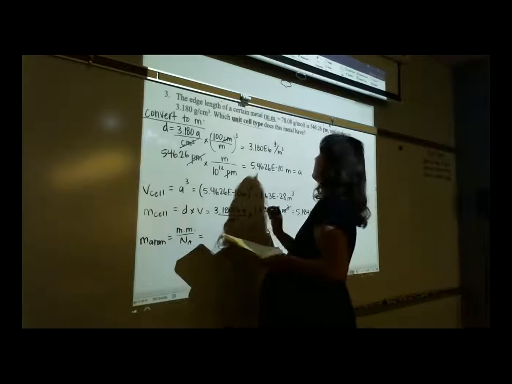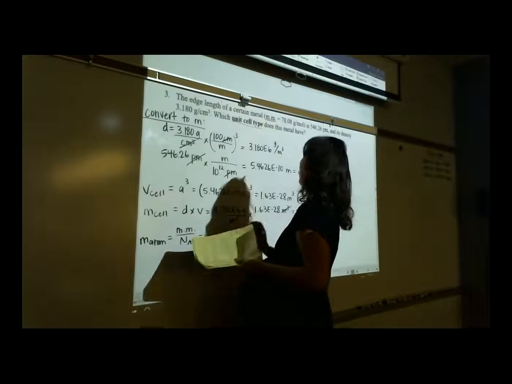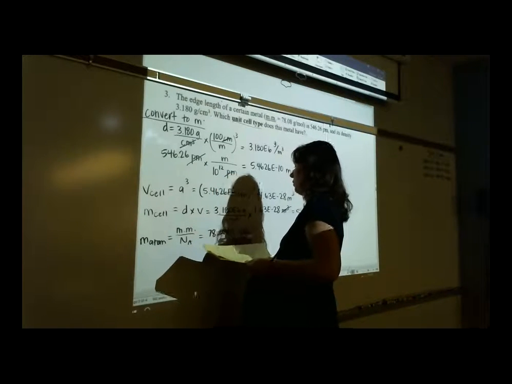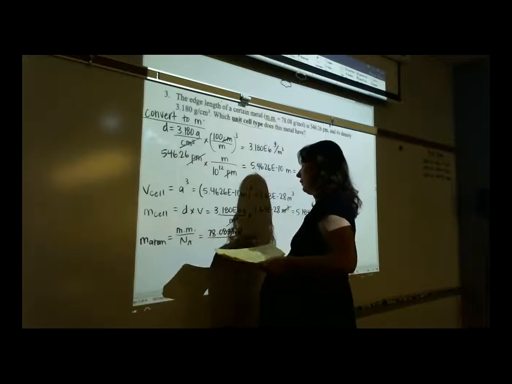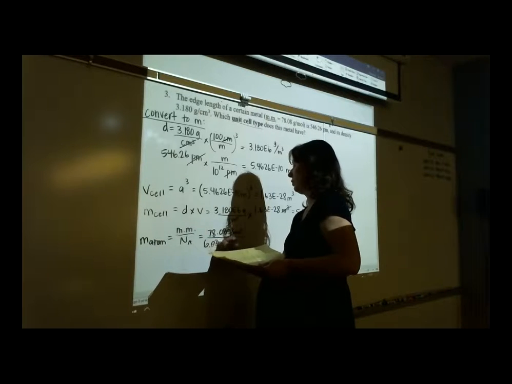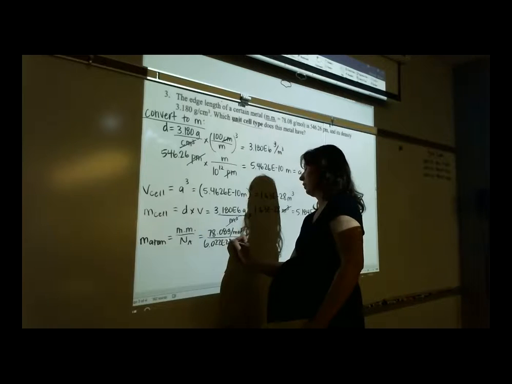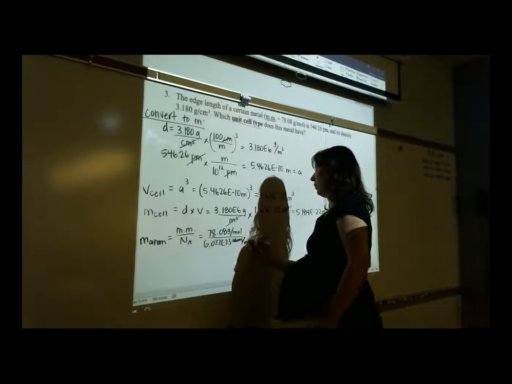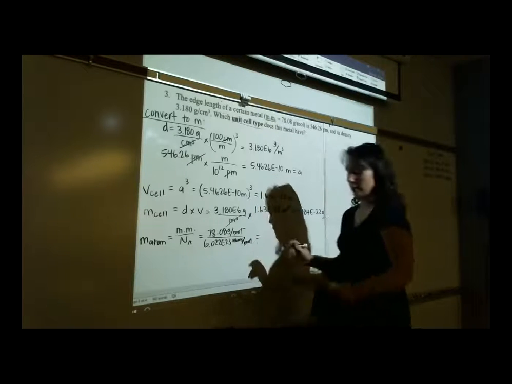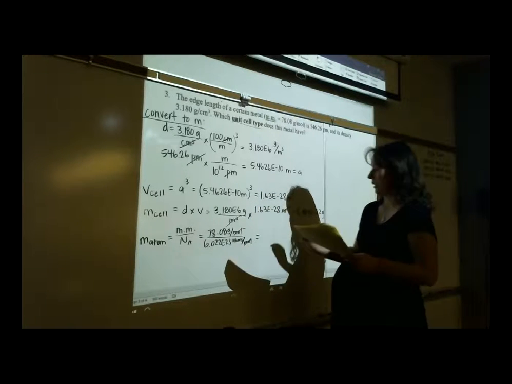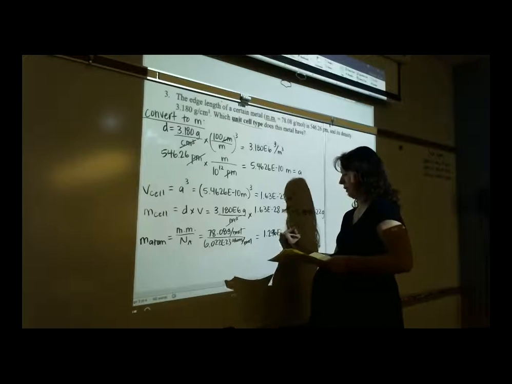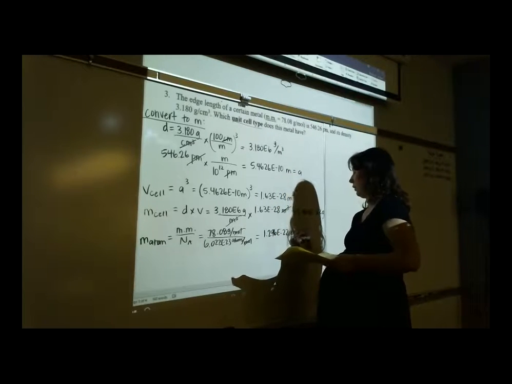So the molar mass is 78.08 grams per mole divided by 6.022 times 10 to the 23rd atoms per mole. So the mass of an individual atom I got to be 1.296 times 10 to the negative 22nd grams.